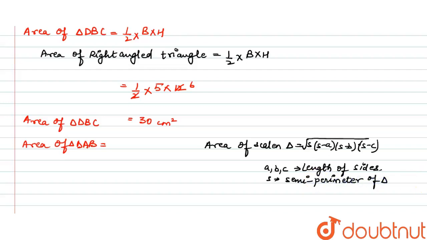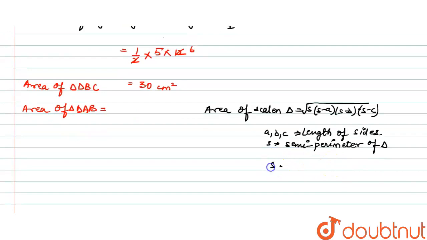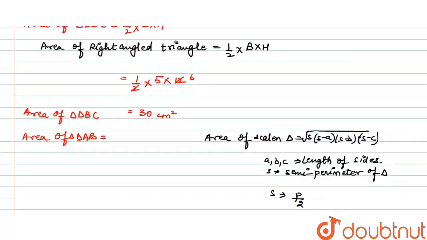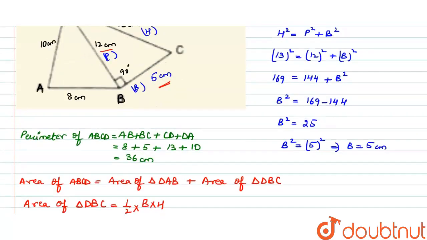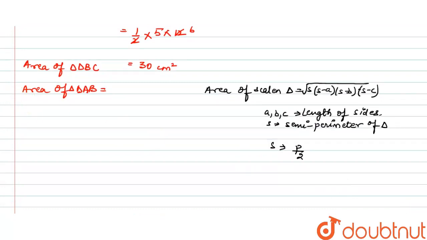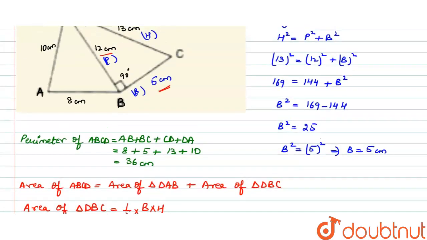of the triangle. So now the semi perimeter S is nothing but the perimeter divided by 2. So P I represent the perimeter, so perimeter by 2. So for doing that, we need to first calculate the perimeter of triangle DAB, basically semi perimeter, and then we will write this. So semi perimeter of triangle DAB is equals to, the lengths of the sides are given by 10, 8 and 12.